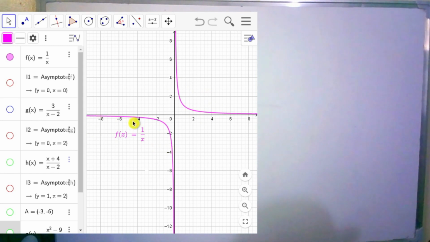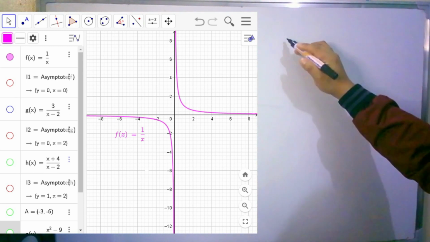All right, so it was presented in your module, ano bang definition ng ating rational function? It's actually just a function comprised by two polynomial functions, and that function is a ratio of those two polynomial functions.